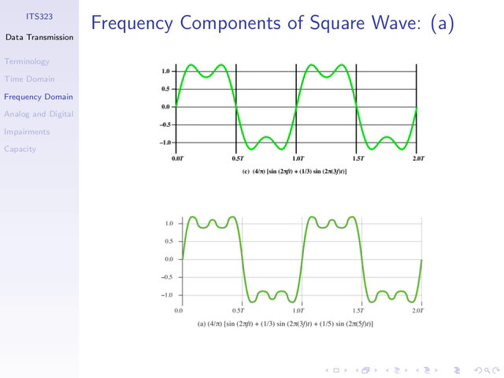We get the same type of equation. Sine 2 pi, if f equals 1 megahertz, what have we got? 1 million times 2 times pi t plus 1/3 sine 6 million times pi t.